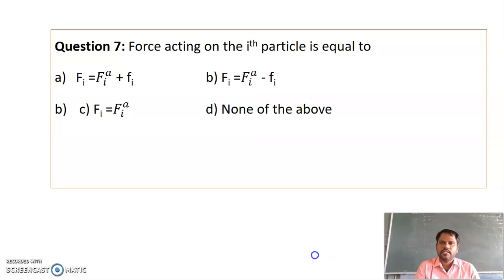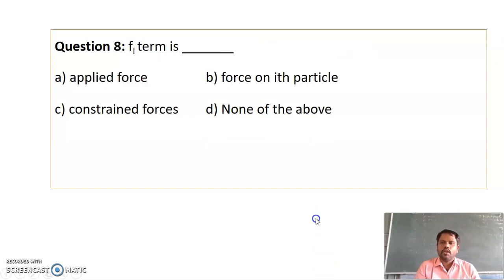Question number 7. The force acting on the ith particle is equal to, we have seen, the sum of external force and force of constraint. So the option is A. Question number 8. Fi term is a constraint force.